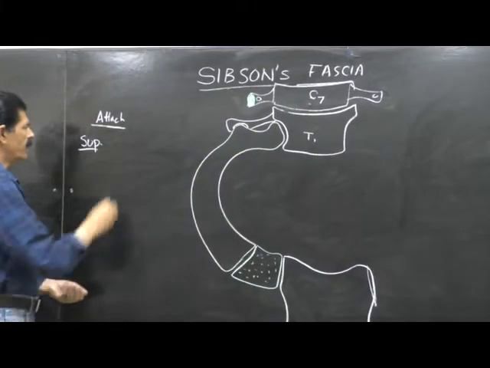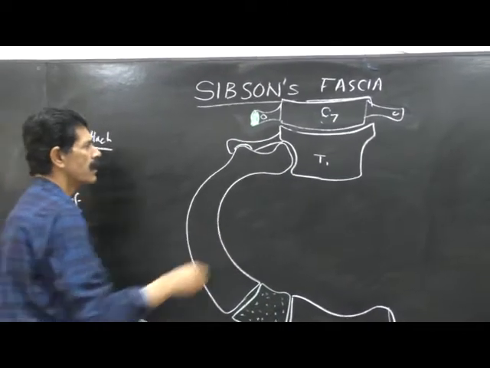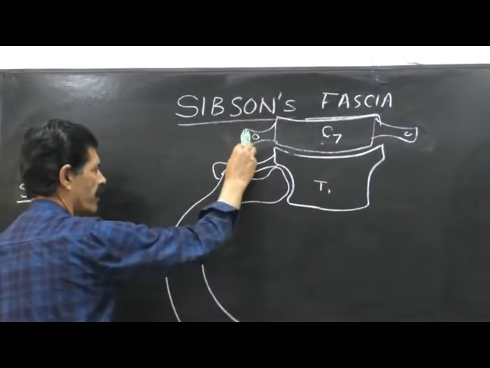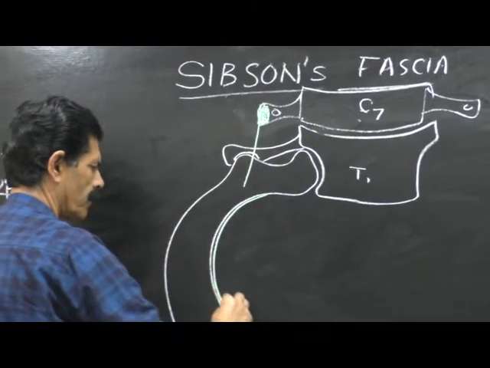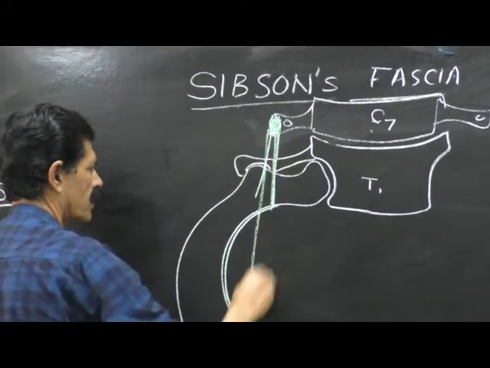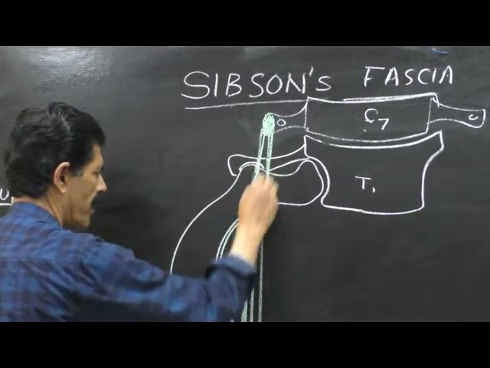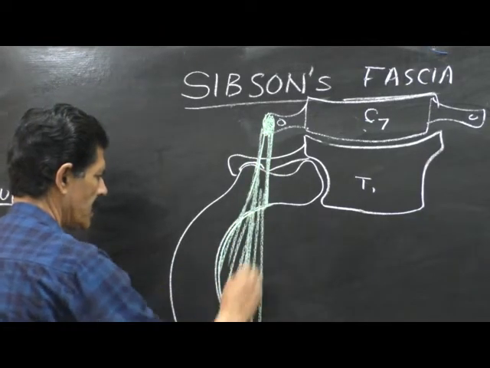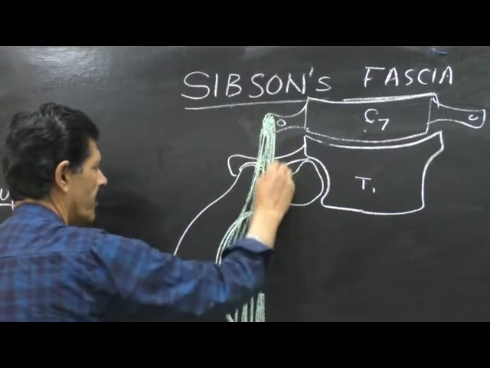And inferiorly, it is attached to the inner border of the first rib, so this inner border. This is how this fascia or membrane is attached from the superior to the inferior aspect.